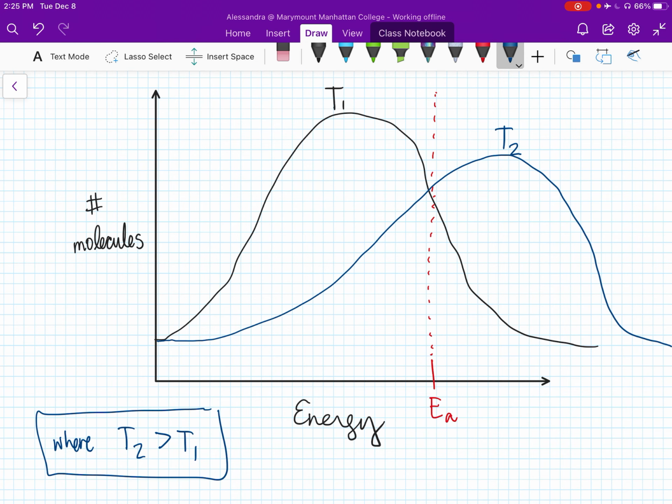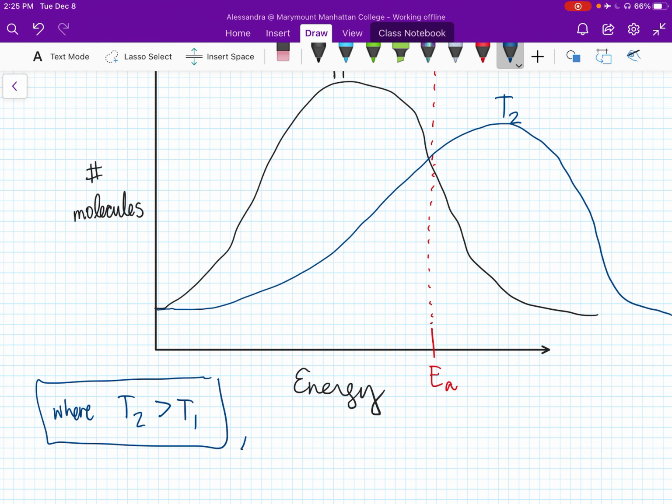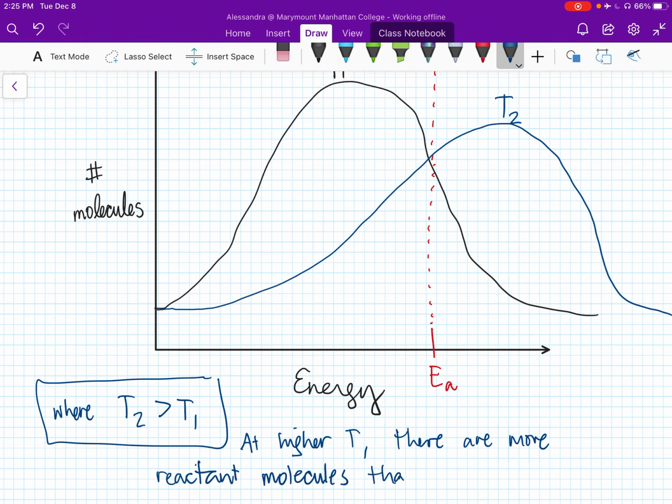So that means quite simply that at the higher temperature, at T2, there are going to be more reactant molecules that exceed the activation energy. You can see that from the distribution diagrams.